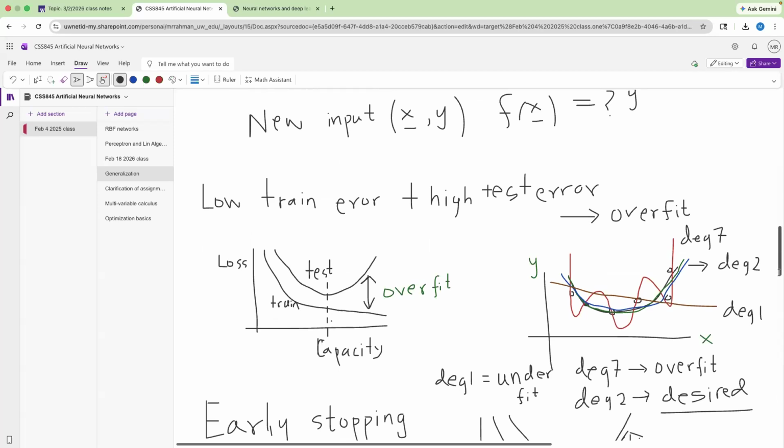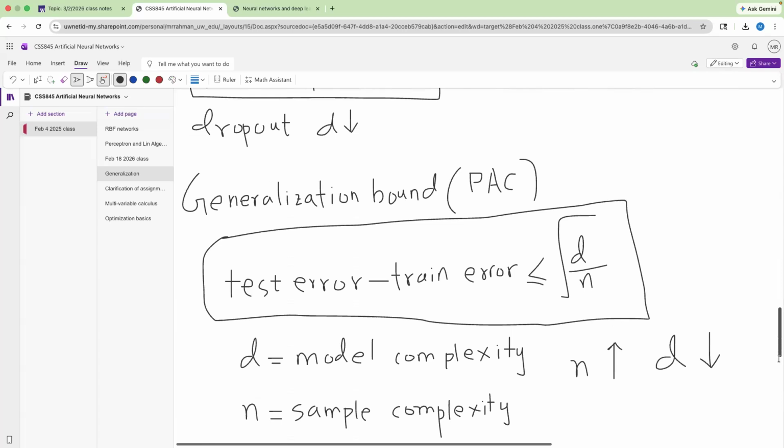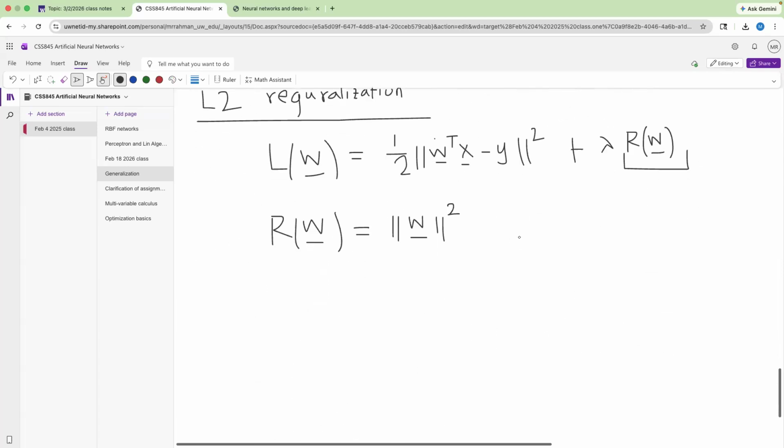So your W is going to be a vector like this, right?